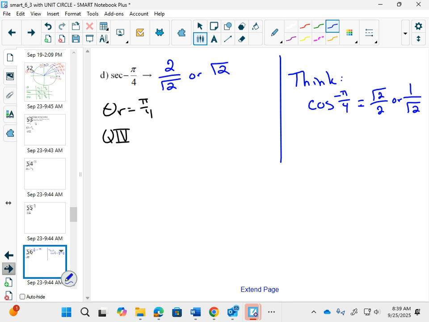Okay? You do not need to rationalize the denominator except for multiple choice questions in order to make it match up with what the answers are available. So that's what I would think of. I know what cos is, so then if I know what cos is, secant would just be the reciprocal.